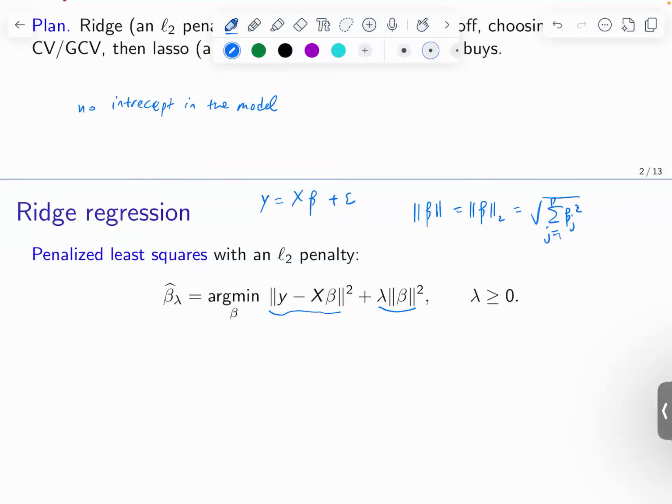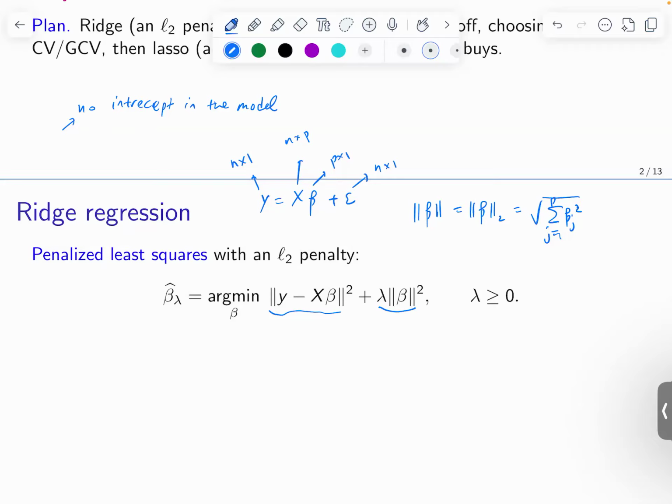Basically center everything, and you can do a no intercept regression. That would be easier. Then I don't have to worry about penalizing just the predictors and not the intercept. So we penalize everything. So beta here would be p-dimensional, and this would be n by p. If there is an intercept, this part would just include everything except the intercept. This is a little bit cleaner to work with for this lecture.